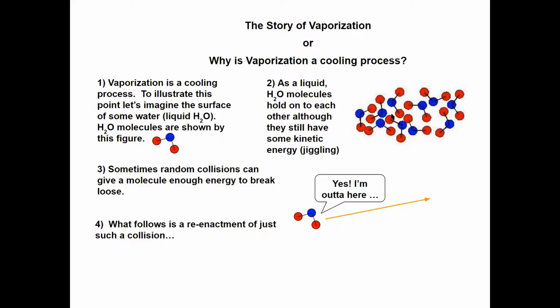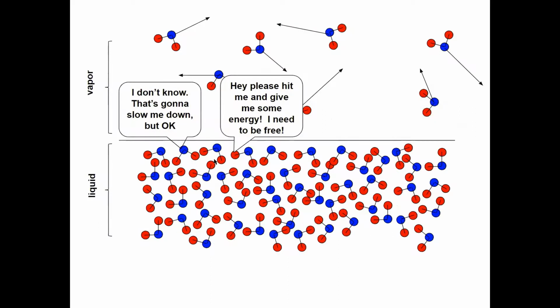So let's consider, why is vaporization a cooling process? I have kind of a silly little cartoon here to walk through. Let's imagine that we have a bunch of molecules and they all have little personalities, and we have a bunch of molecules that are in a liquid state, and then some H2O molecules that are in a vapor state up here.